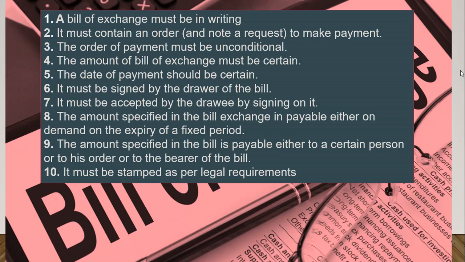The date of payment should be certain. It must be signed by the drawer of the bill. It must be accepted by the drawee of the bill by signing on it. It must be stamped as per the legal requirements.